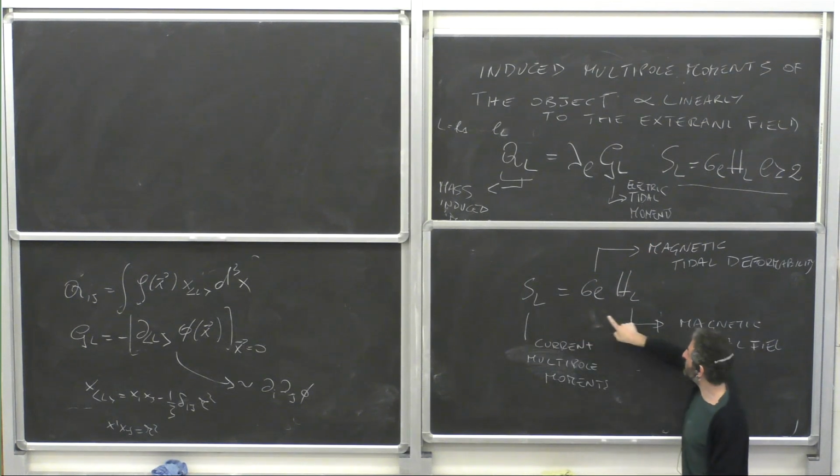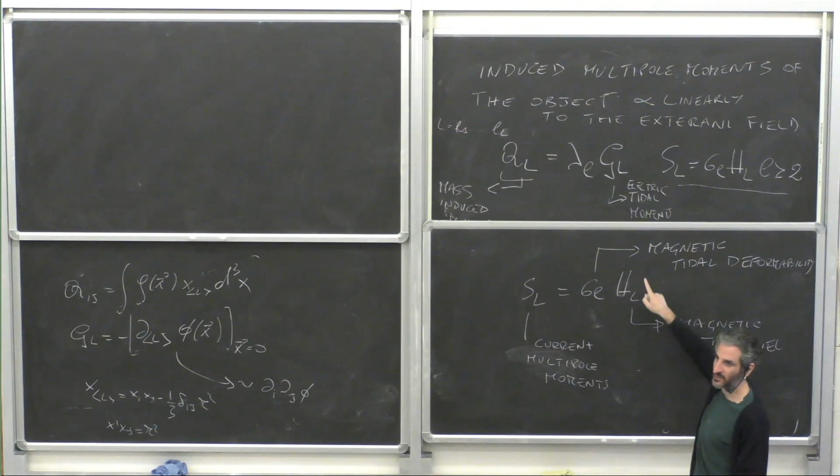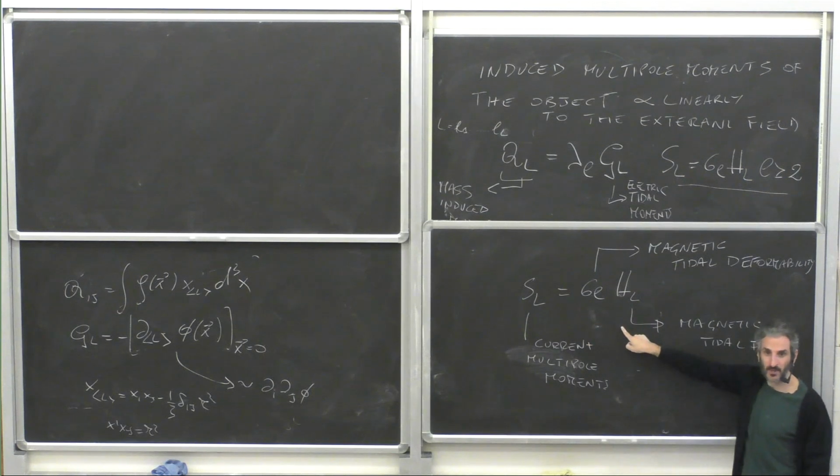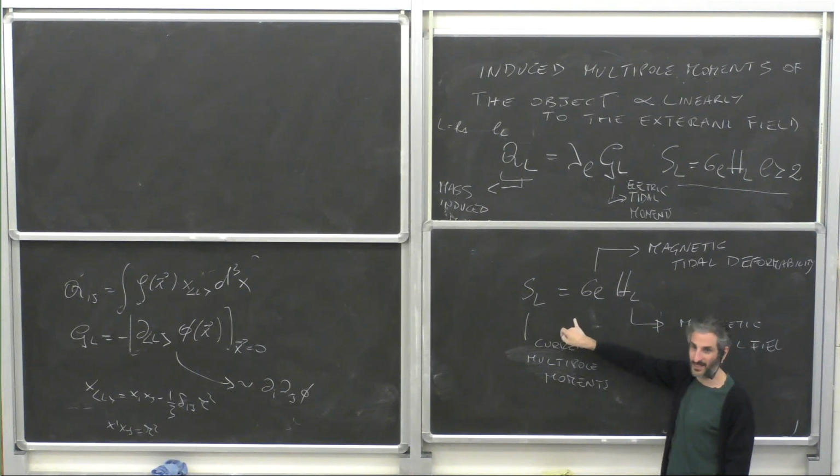And the coupling between the two is given by what I call magnetic tidal Love numbers, which are different from the mass tidal Love numbers. Now, where do these things come from? They come from velocity field deformation of the object. The problem is that in general relativity, velocity per se gravitates, so it induces a tidal field that can induce deformation. In Newtonian gravity, only mass gravitates, not even spin, okay?